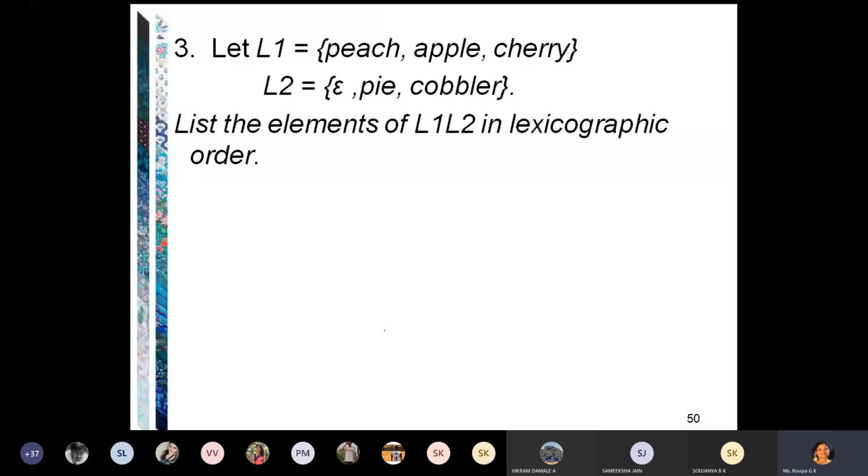Okay, now apple. So apple is concatenated with epsilon. Now L1, L2 we have to write. So your answer is first just apple because it is concatenated with epsilon.